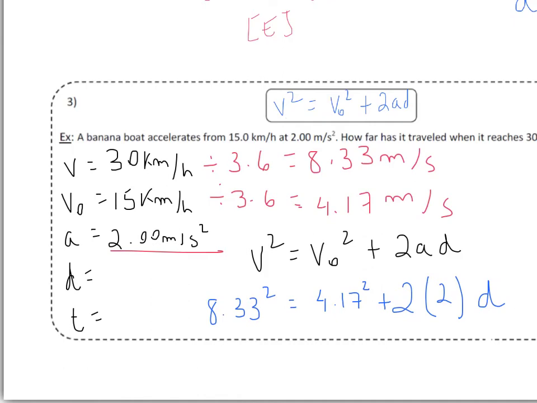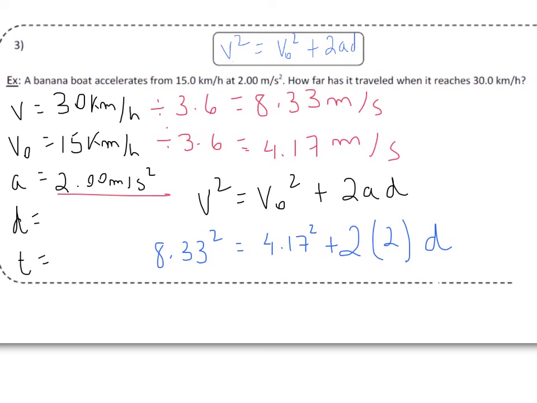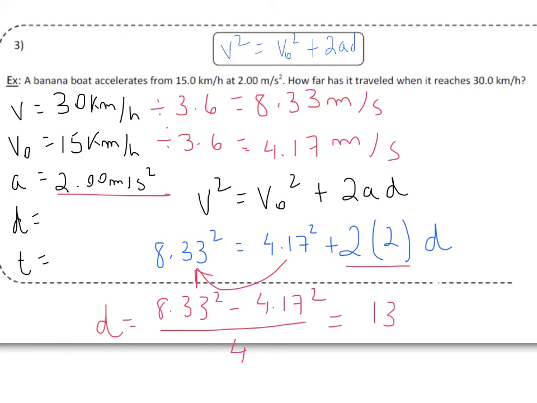Alright? So now what we need to do is bring this over and divide by this number. So it becomes 8.33 squared minus 4.17 squared divided by 4, which equals 13 meters. This is a distance, we don't need a direction, so this is just our final answer. There's no direction associated with it.